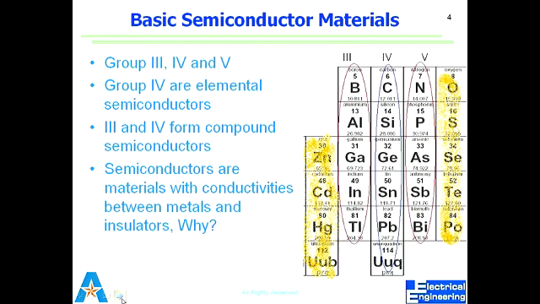We can use compounds of 3 elements as well, which is called a ternary compound. Again, it has to have the same property that the outer orbit is half filled, and that defines their conductivity, which is somewhere in between metals and insulators.